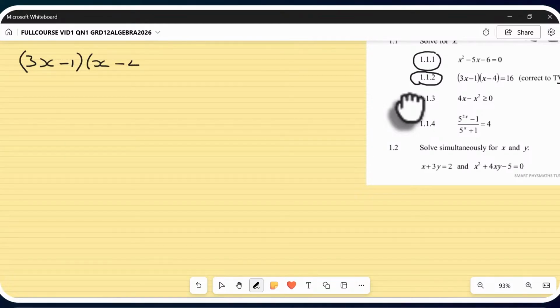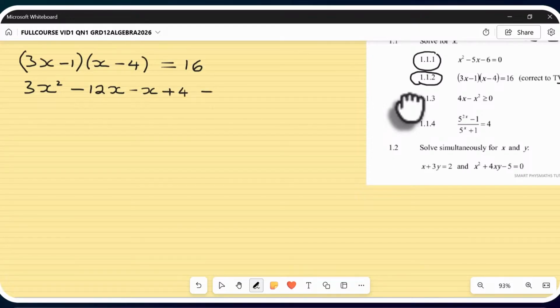Now open brackets here. 3x times x gives us 3x squared, and then 3x times negative 4 is minus 12x, and then negative 1 times x is negative x, and negative 1 times negative 4 gives positive 4, equals 16. Now the 16 becomes negative, so we say minus 16 equals 0.